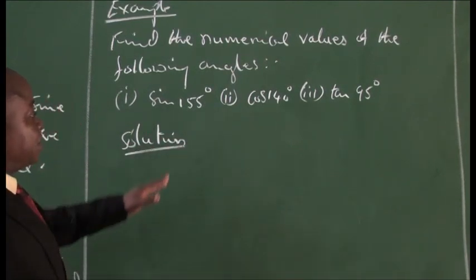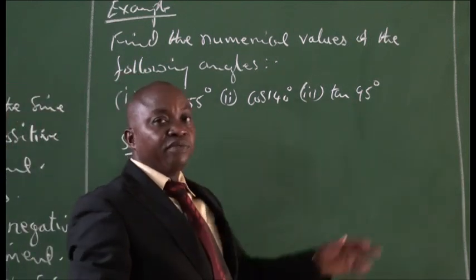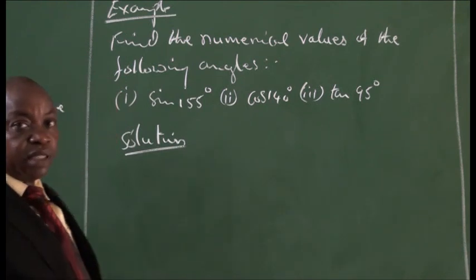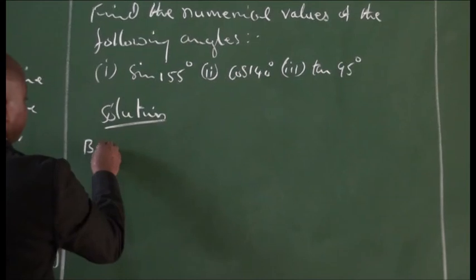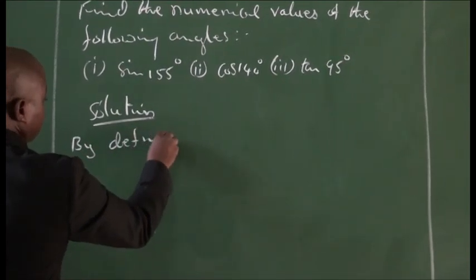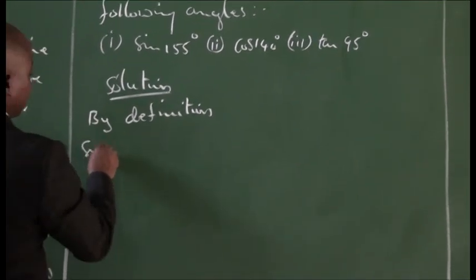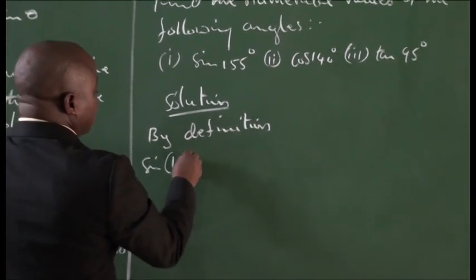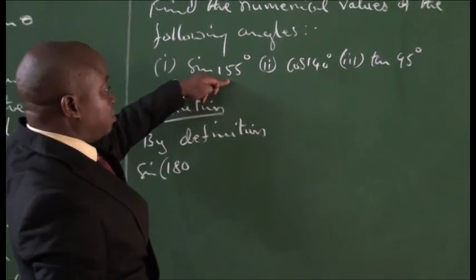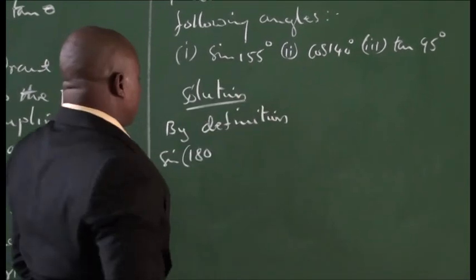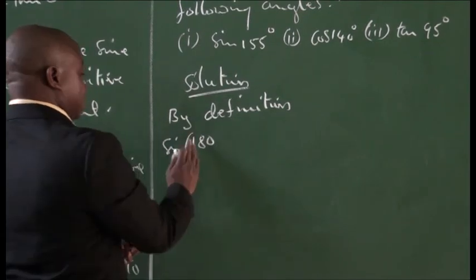Okay, we know that these angles 155, 140, 95, they all fall in the second quadrant. Therefore, by definition, we know that sine 155 is the same as saying sine 180 minus 25.